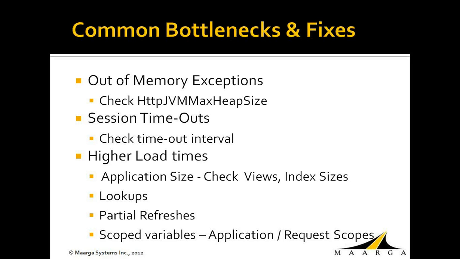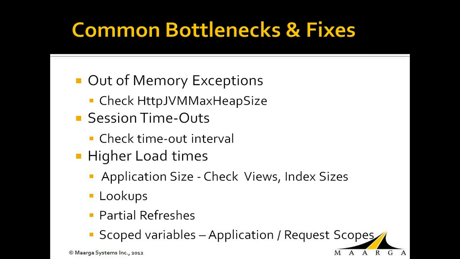One of the common errors that we used to see is the out-of-memory exception. As you all know, it is due to the HttpJVMMaxHeapSize not being able to handle so much in memory. So the main thing is to look out for whether the heap size is set properly in your notes.ini. And even after you set it, if you still receive the exception, then you know that there may be some problem with the Domino version, whether it's 32 or 64 bit.